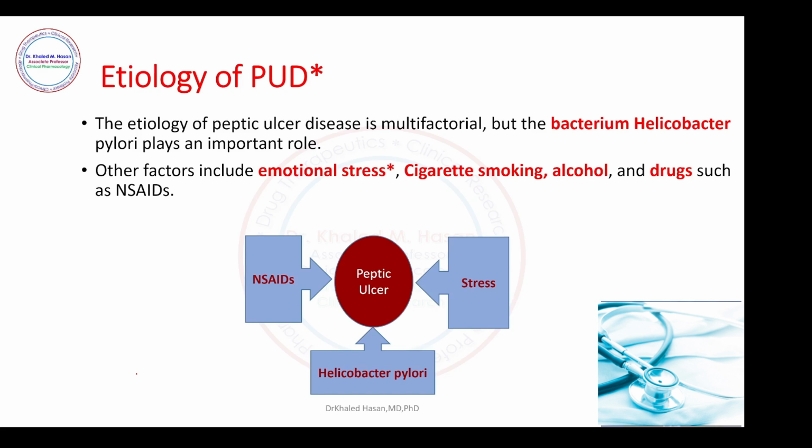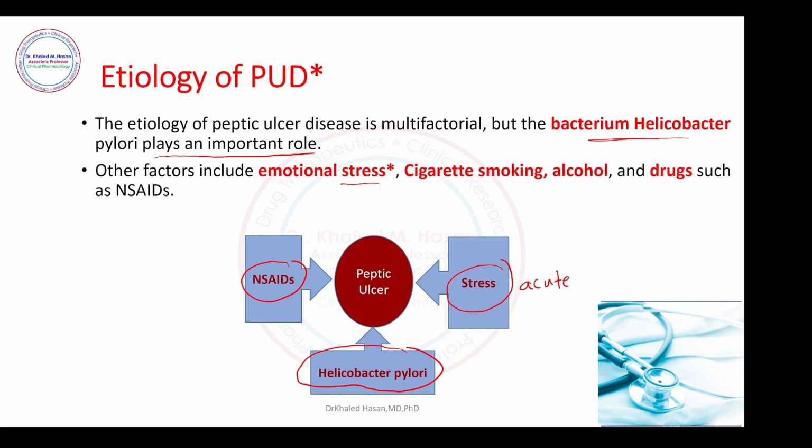Speaking about the etiology of peptic ulcer disease, the causes could be related to bacteria, called Helicobacter pylori, which were found to play an important role in peptic ulcer disease. It could be related to stress, which may cause peptic ulcer disease and is considered an acute case. Another important factor is NSAIDs, non-steroidal anti-inflammatory drugs.